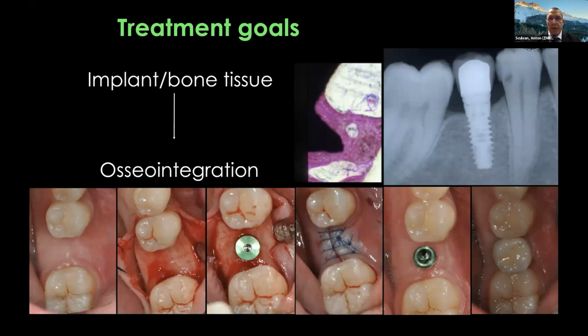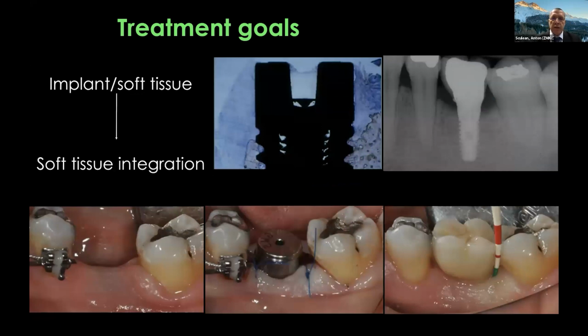But this biologic principle is very well described in the literature, is very well known, and we have, in the last, I would say, 2 decades, acquired more and more information about the importance of the soft tissue seal, the so-called soft tissue integration, because in fact, when we are dealing with biologic complications, the biologic complications start always at the cervical part of the implant, namely in the area of the soft tissue.